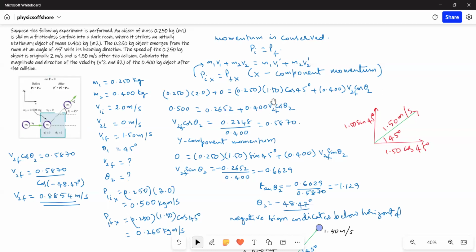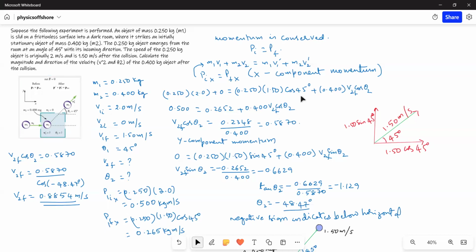Now, what is the final momentum of the first object along the x direction? So 0.25 times 1.5, and it is making an angle of 45 degrees. The x dimension is the cos component, so we have to take cos 45, since for this angle the x dimension is the adjacent side.